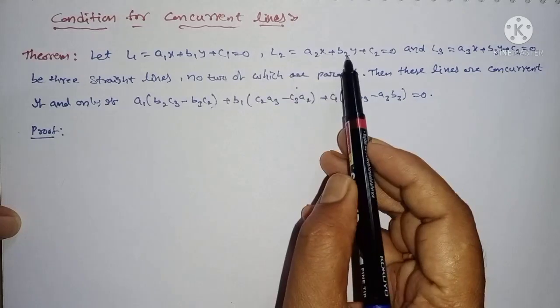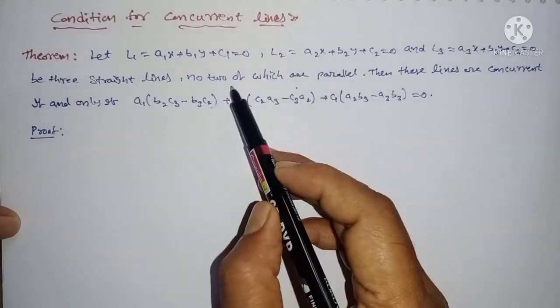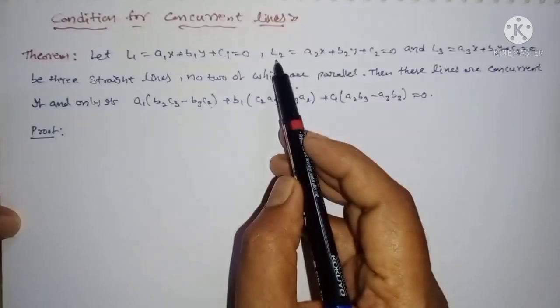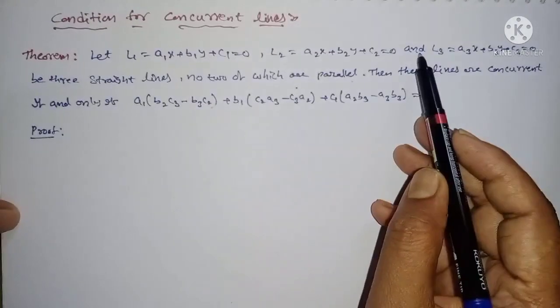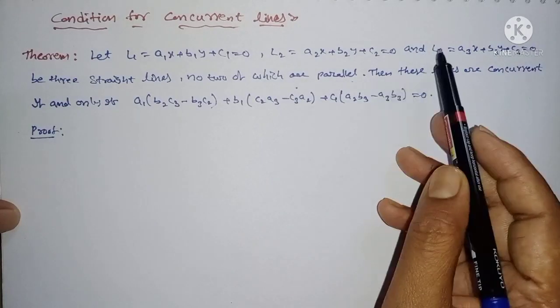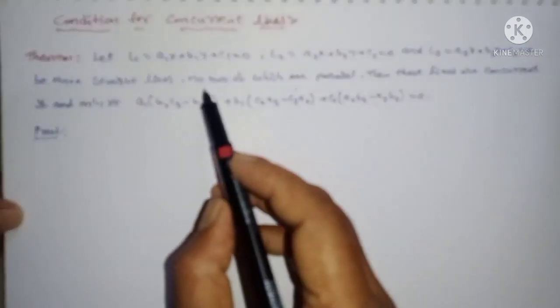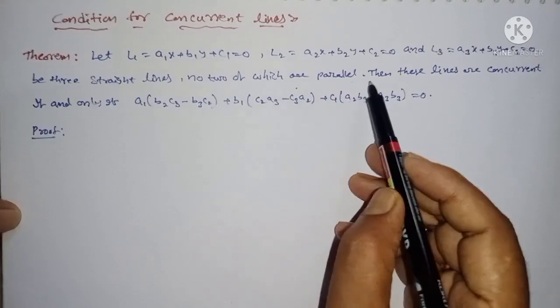If it is parallel, means there is no intersection. Both are not parallel, that is intersecting only. Because L1 parallel to L2 means they are not intersecting. L2 is not parallel to L3 means intersecting, and L1 and L3. Therefore, no 2 of which are parallel.